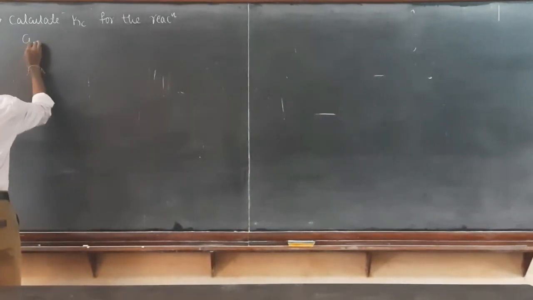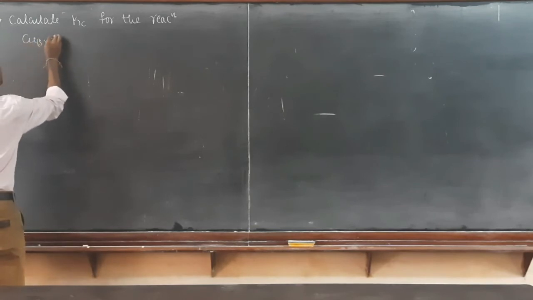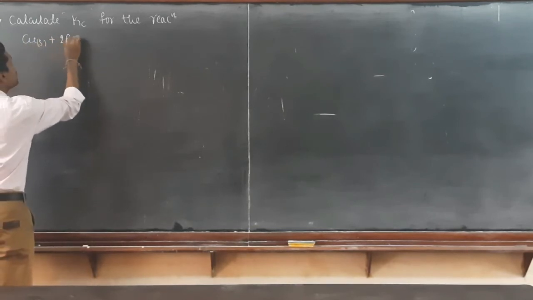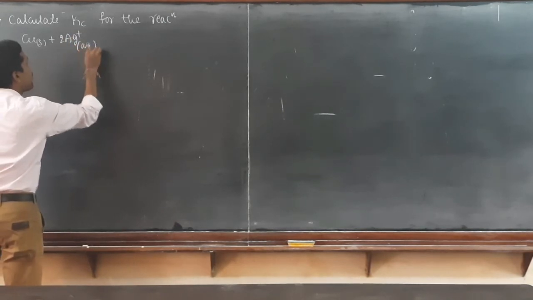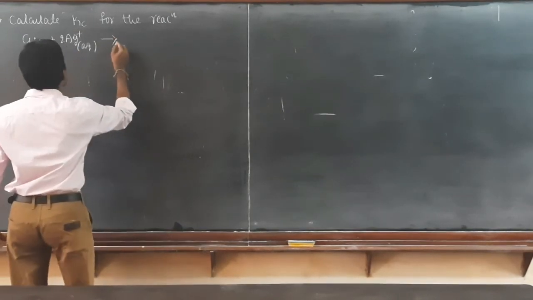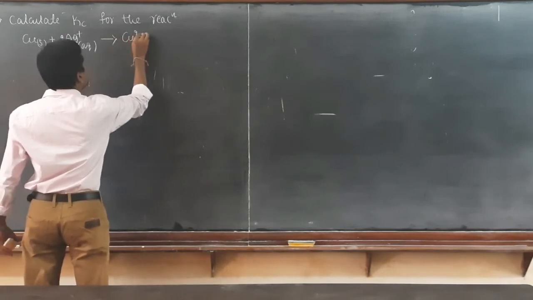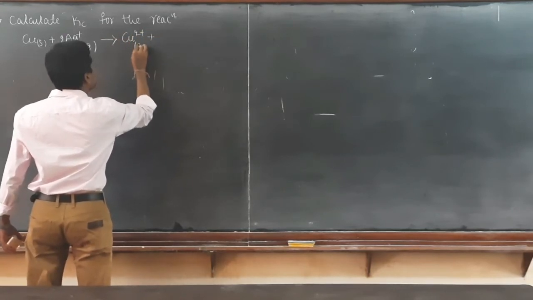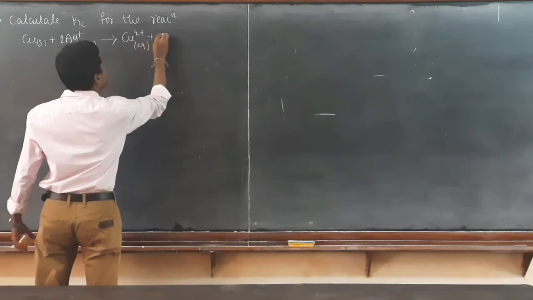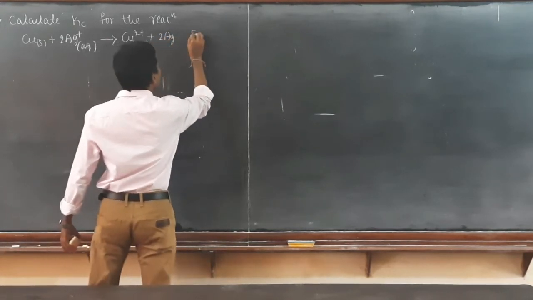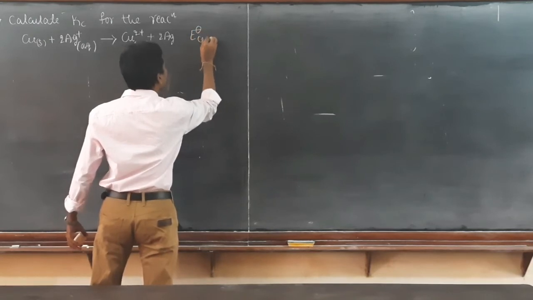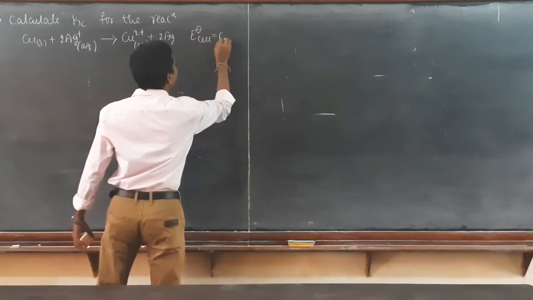The second reaction: copper solid and 2 Ag plus aqueous becomes copper 2 plus aqueous. E naught of the cell is given, E naught of the cell is equal to 0.46.